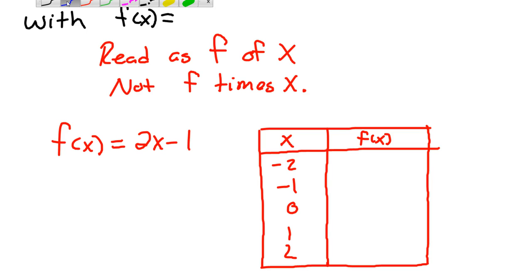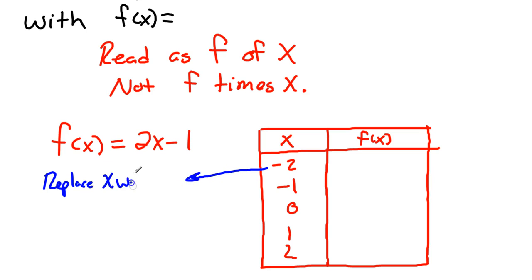Whatever value they give for the x value, everywhere you have x, you've got to replace that x with negative 2. So over here, you've got this f of x with the parentheses. Take out the x, put in negative 2.